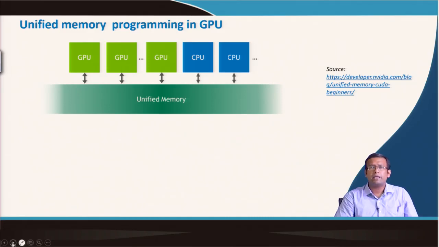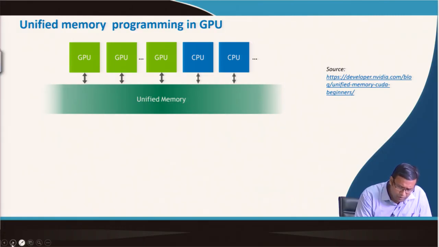Also, lately CUDA has come up with the unified memory programming architecture. Unified memory eliminates the requirement of copying data from CPU to GPU and GPU to CPU, rather it makes the memory visible to all CPUs and GPUs. So in some way it gives a virtual sense of connected memory between the CPU and GPU.